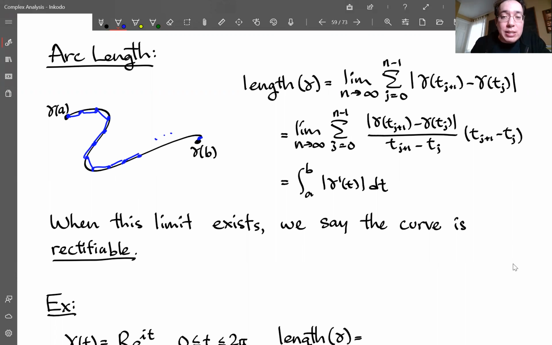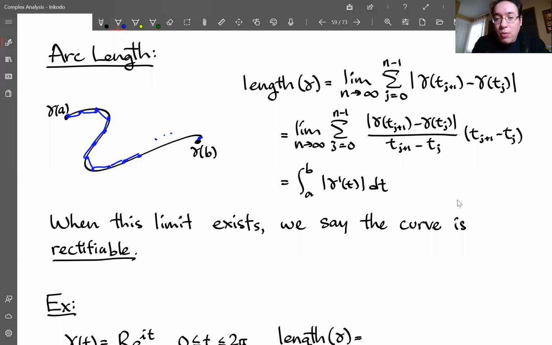Now that won't be exactly the length, but if we subdivide the curve into finer and finer intermediate points, then we'll get something that's very close to, or in the limit, exactly the length of the curve.